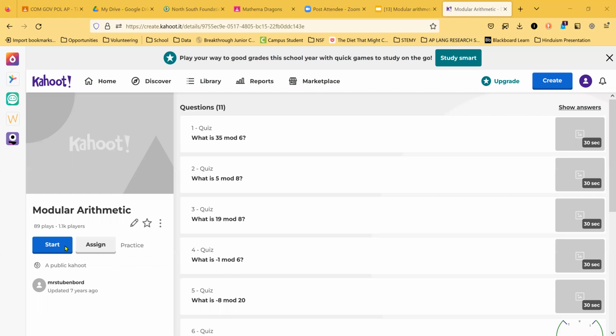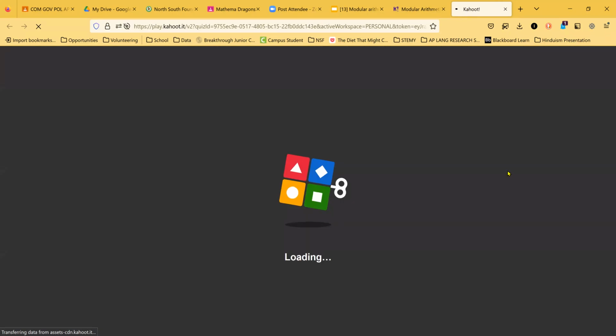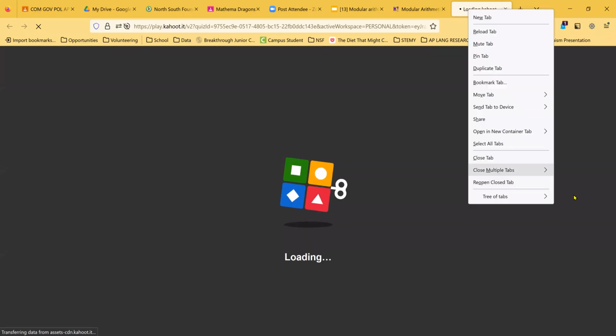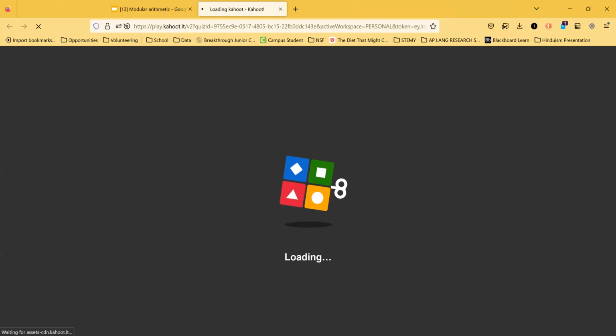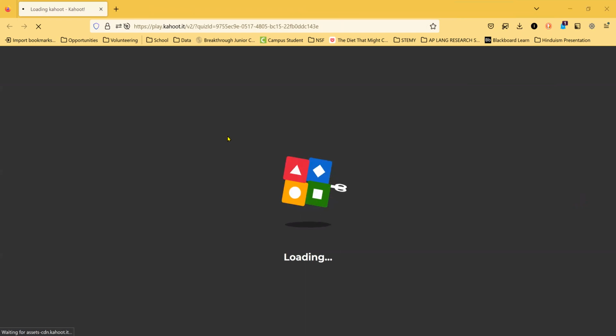We do have a Kahoot, and this is it. I am going to close my other tabs because my computer is really slow, in case you didn't notice. If it ever loads, we will play a Kahoot.